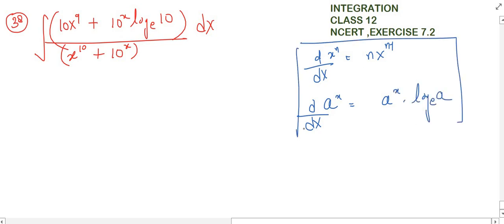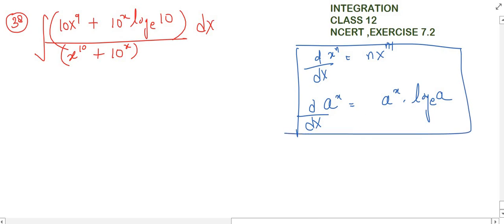If you know these two formulas, then this is straightforward. Please write down these two formulas in your formula notebook. I'm sorry here, this is n minus 1.